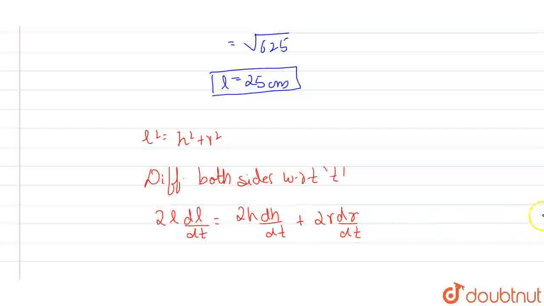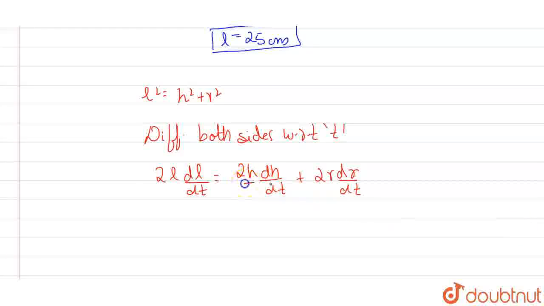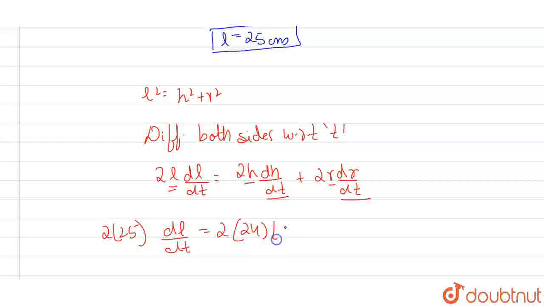We know every value of these terms. We know the value of h given to us, dh by dt is given to us, r is given to us, and dr by dt is given to us. And also we found out the value of L. So we have to find only the value of dl by dt here. So I can write it down as 2 into 25 dl by dt equals 2 into 24, h was given to us in the question, into dh by dt which was minus 4, plus 2 into 7, r was 7, into dr by dt which is 3.